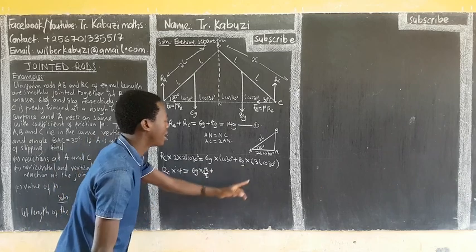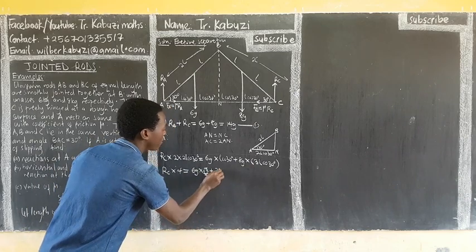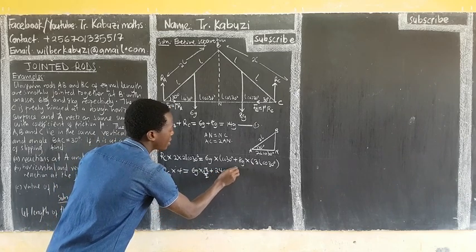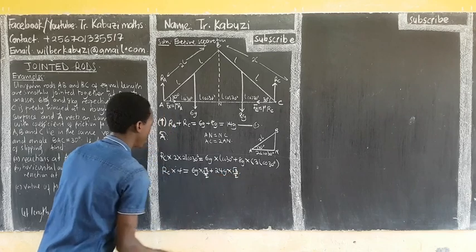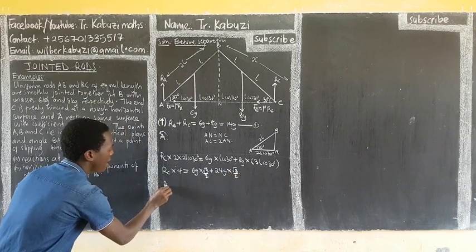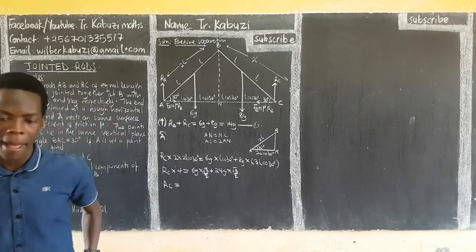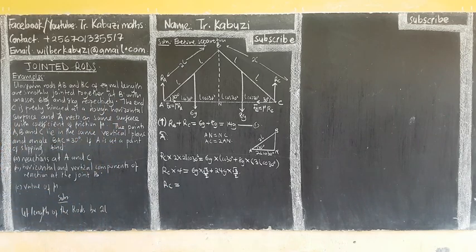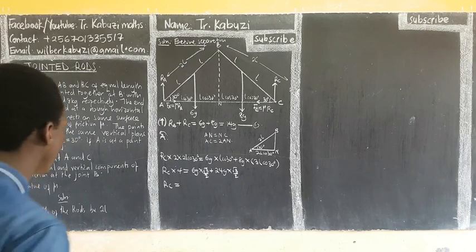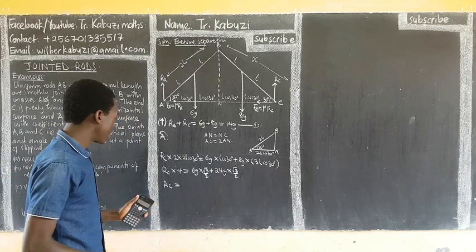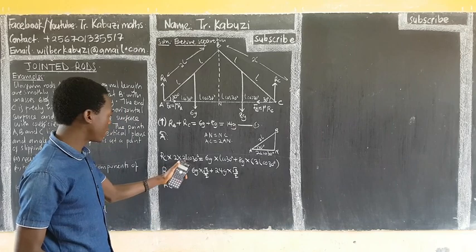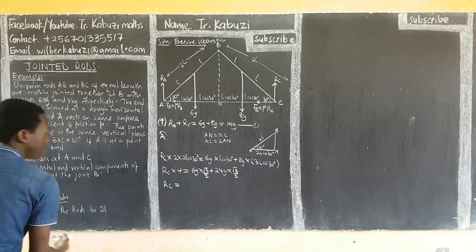Then plus 3 times this, I'm going to get 24g times root 3 over 2. And from there, I can get RC. You can easily get the answer there. Okay, let us simplify. Sorry, here we have 2 times 2, okay, we made a simple error here.